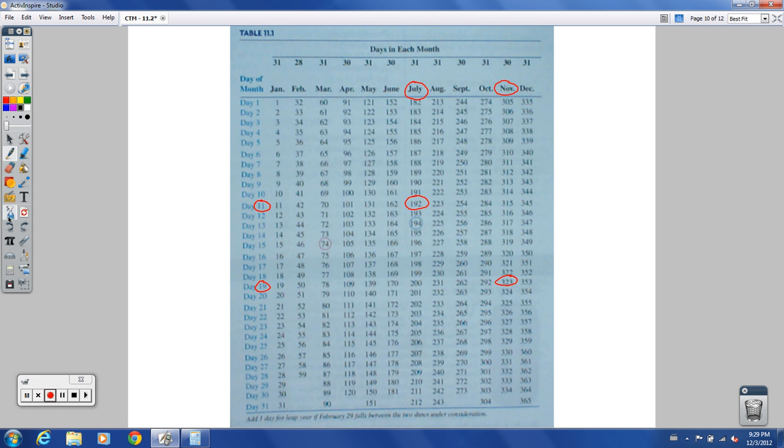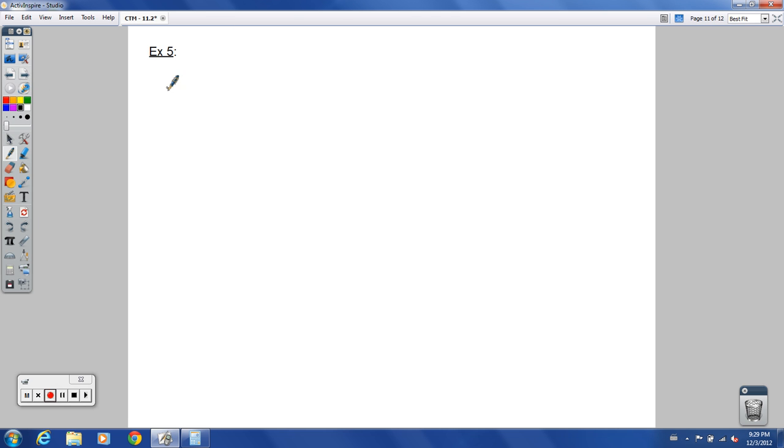Let's get rid of the annotations there. There we go. And let's check out a fifth example here.